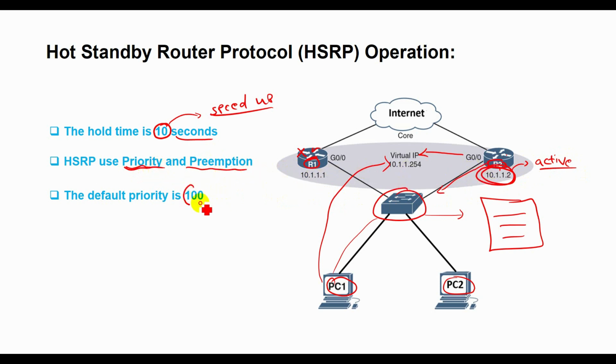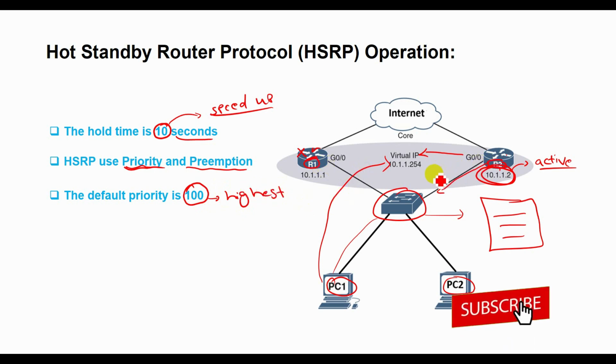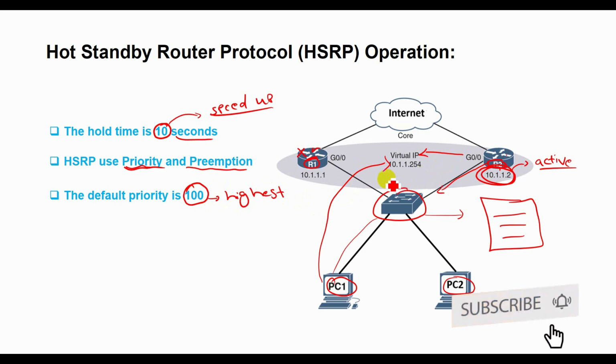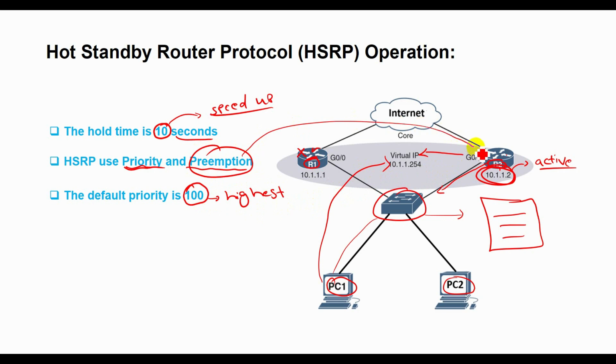The default priority is 100. The router with the highest priority will be the active HSRP router, assuming that no election has already occurred. Remember, to force a new HSRP election, preemption must be enabled with the standby preempt interface configuration command.